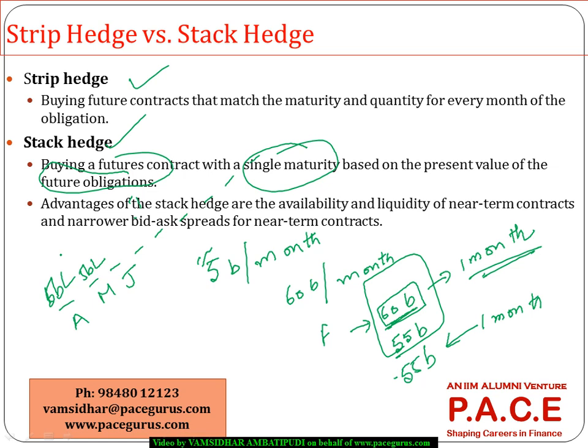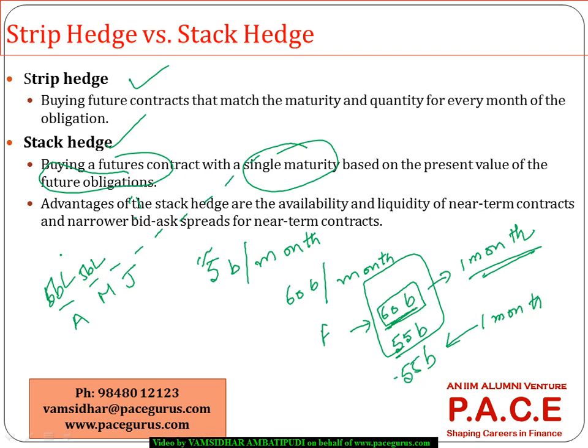But if these many contracts are not available, I will typically go with a stack hedge scenario. Of course, I am exposed to risk because depending on how the prices are moving, my position may change, my margins may change. All these kinds of risks are there. Even in the Metallgesellschaft case study, there was a big loss for the company just because of this stack and roll hedging strategy itself.